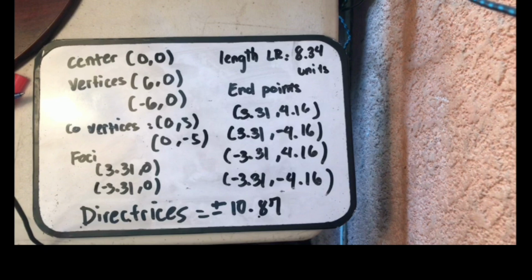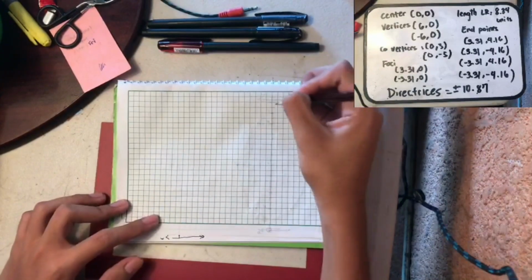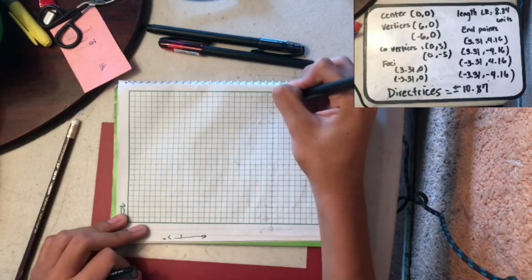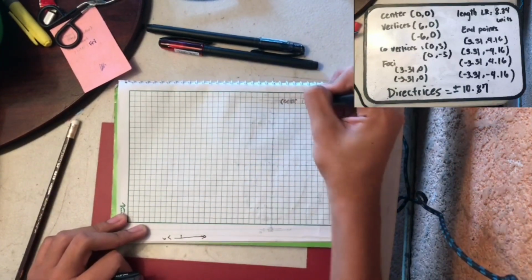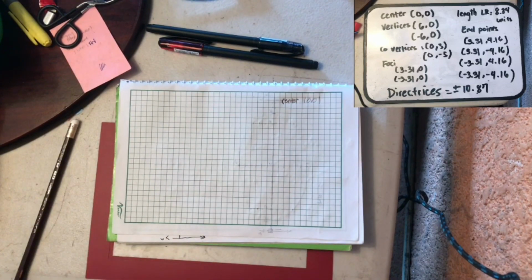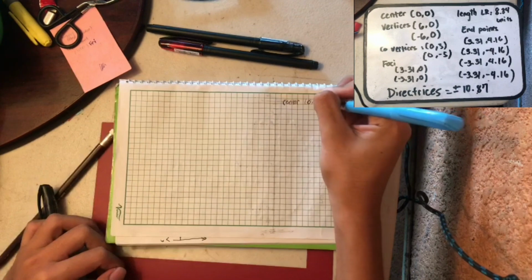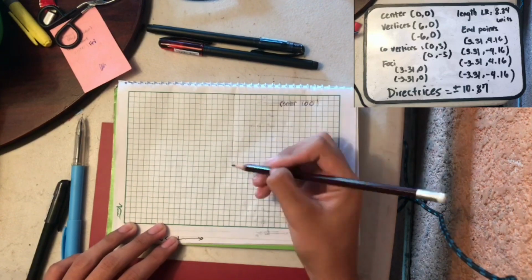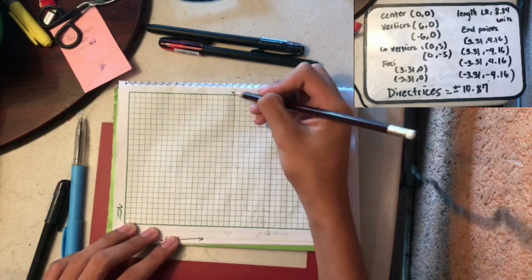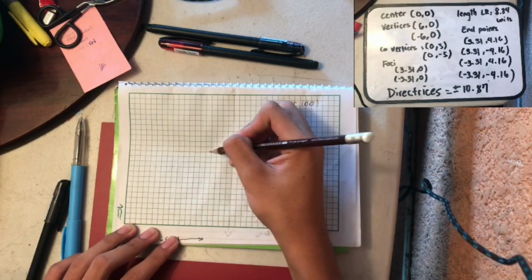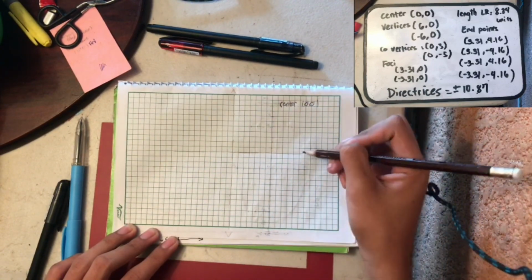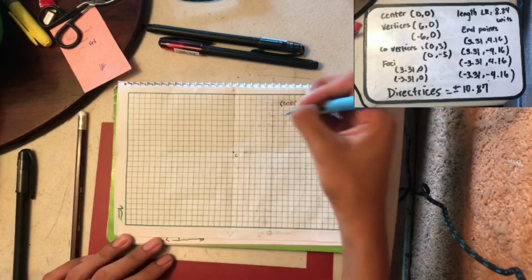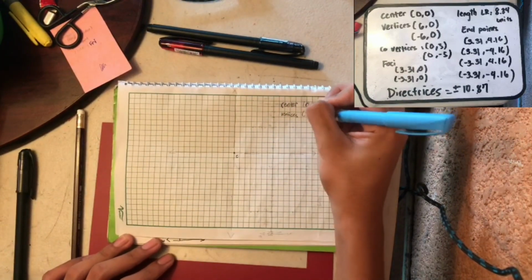Now, let's go and do the graph. By graphing, let's start with the center. The center here is 0, 0. The next one is the vertices.